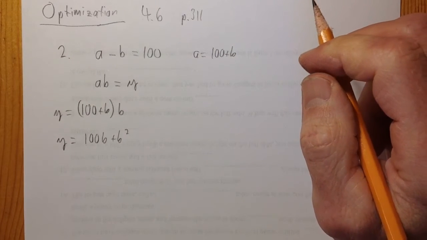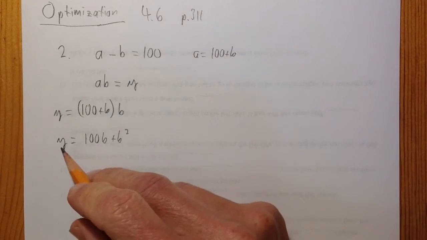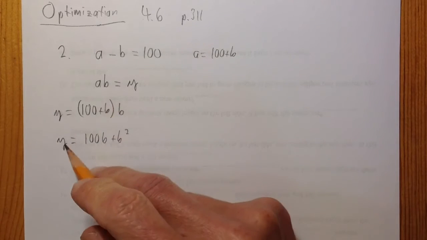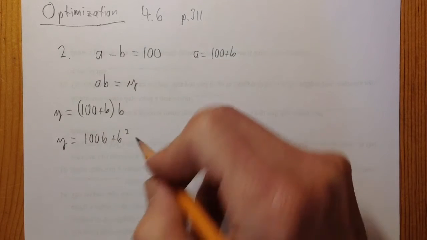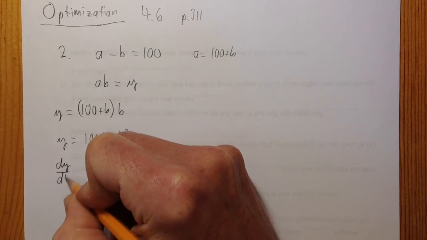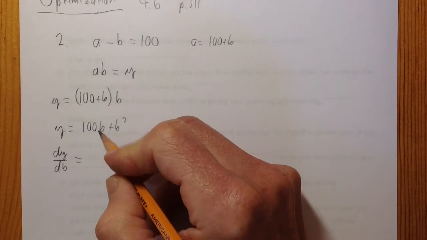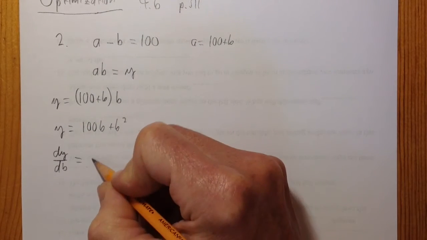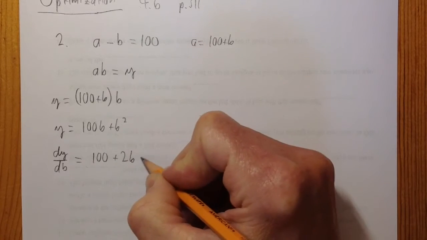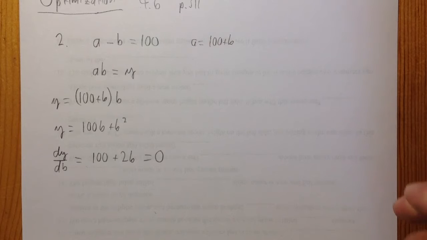Now we want to minimize that. We want to take the derivative of Y. This is what we want, the product, right? Y is the product. We want it to be the minimum possible. So we do dy/db, take the derivative with respect to B, which is easy. That's 100 plus 2B, since B squared gives 2B, set equal to 0.